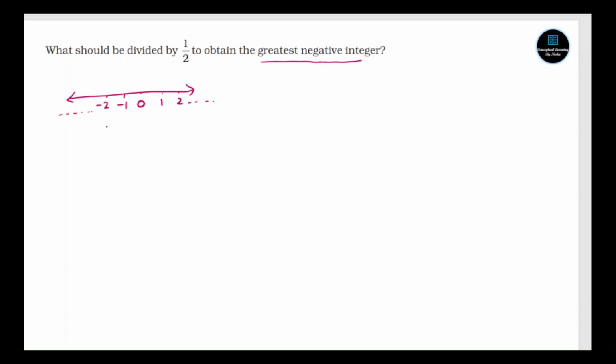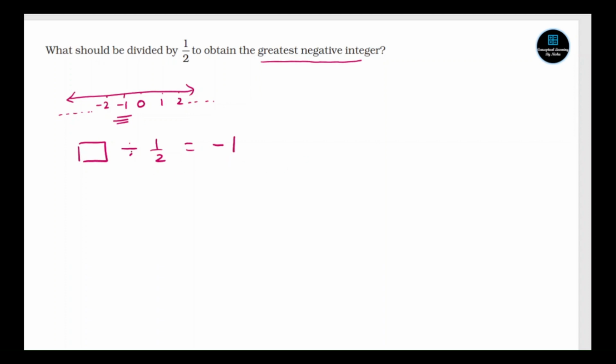So which is the greatest negative integer? I cannot find the smallest, but the greatest is -1. Remember that. So see what the question is. What should be divided by 1/2 to get the greatest negative integer?